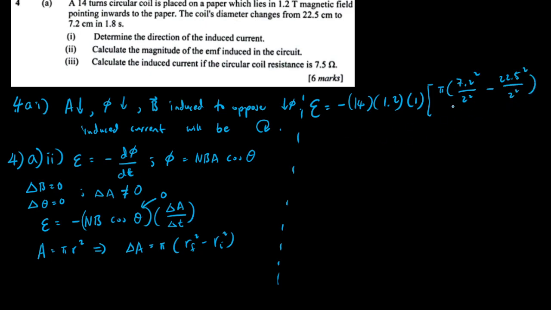So that's my delta A. And then my delta T is going to be 1.8 minus 0. If you key that into your calculator, what you'll find is epsilon equals 0.333 volts.